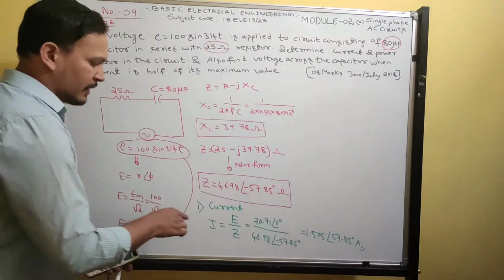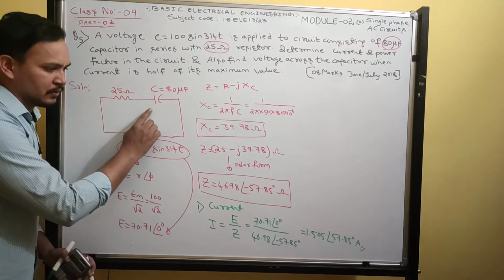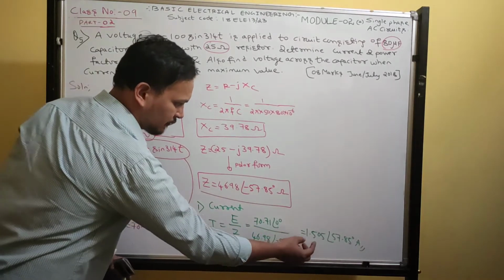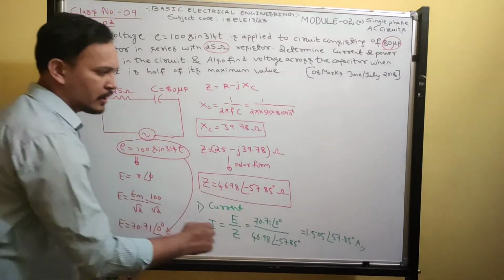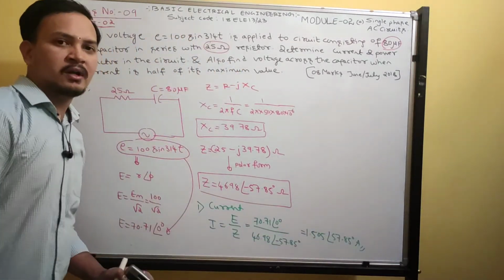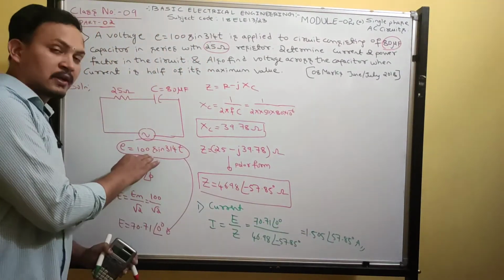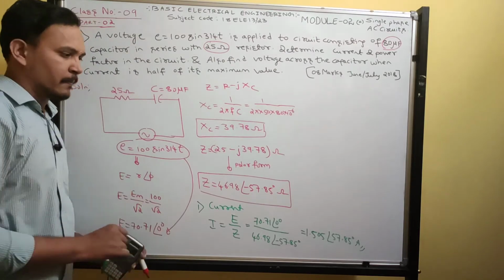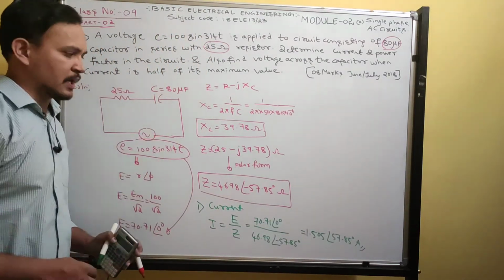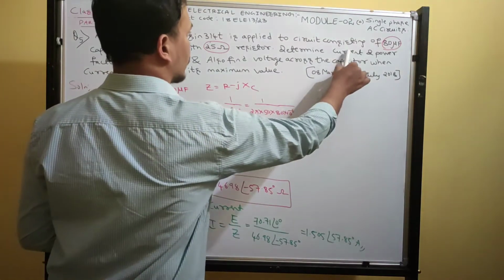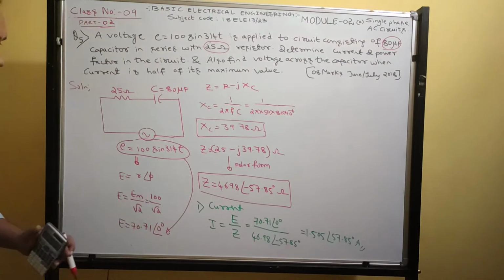See guys, the meaning of this is with respect to voltage for a series RC circuit, the current of magnitude 1.505 leads this voltage by 57.85 degrees. If you got a negative sign, the current lags the reference by that angle. If you got a positive angle, the current leads the reference by that much angle. So the first question is completed. Determine current: we got current is 1.505 at an angle of 57.85 degree.